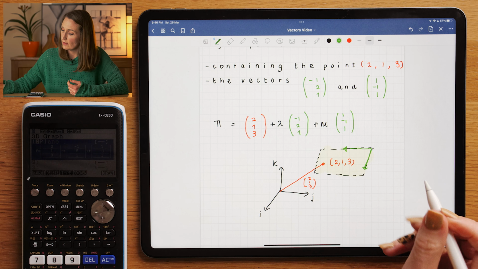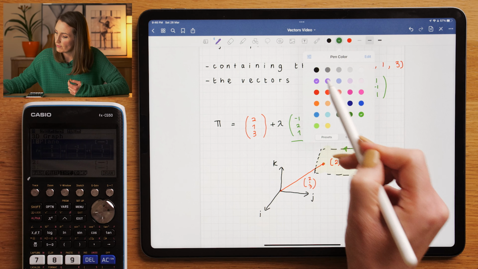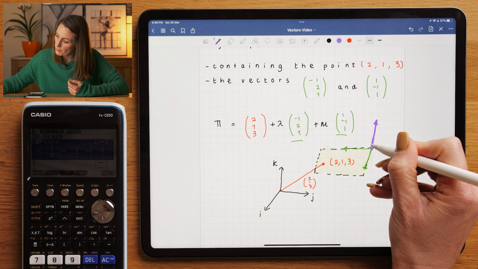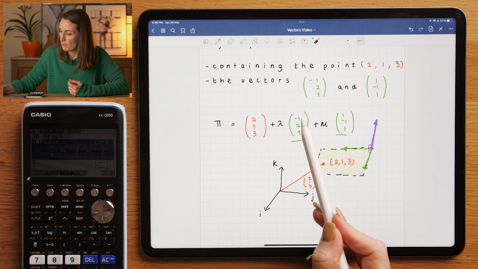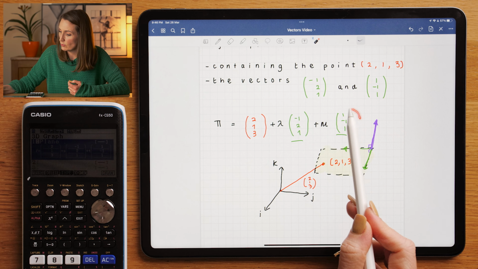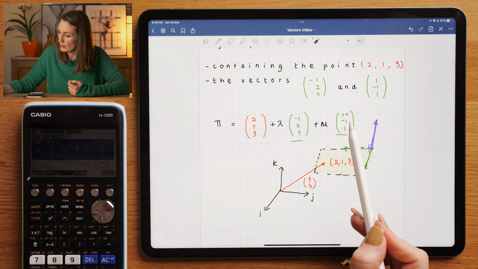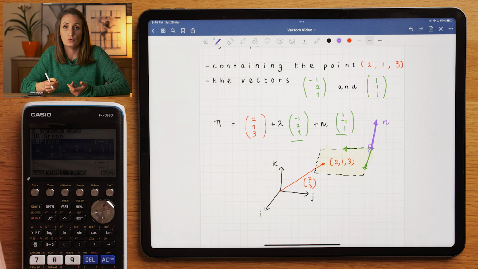Now, if we take the cross product of these two vectors, we're going to have a third vector that's going to be perpendicular to both of those. It's going to be perpendicular to minus 1, 2, 1, and it's also going to be perpendicular to 1, minus 1, 1. I'm going to call that n for normal.